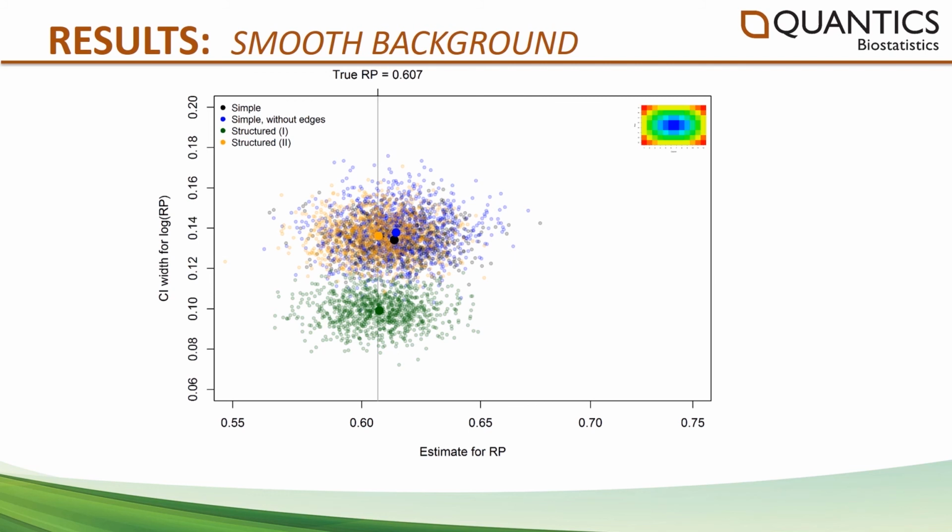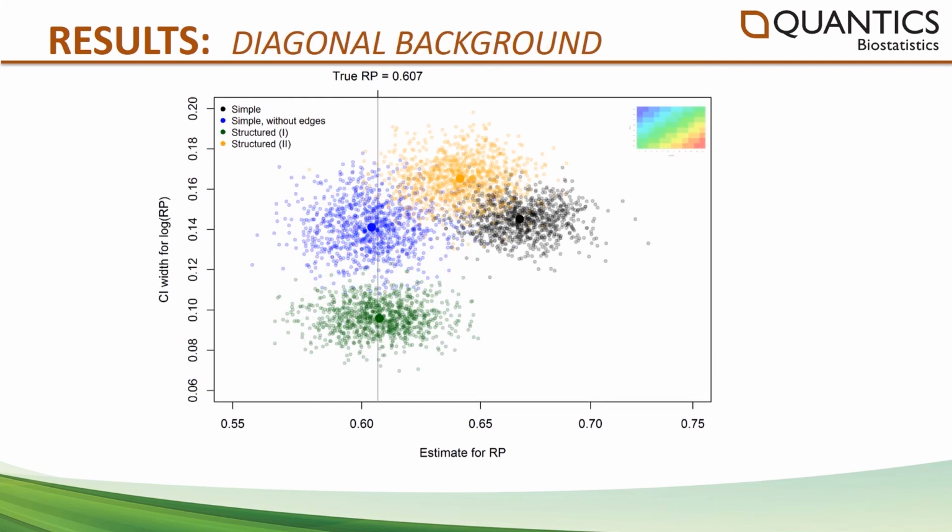And this slide shows the results for the diagonal background, and this really does separate out the different methods. At the top right is the plot showing the background. Again, if we first of all compare the simple without edges and the simple with edges, the simple with edges, the black cloud, is really quite biased, and that's not really very surprising given this kind of background.